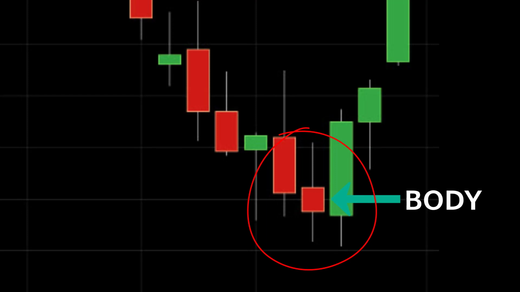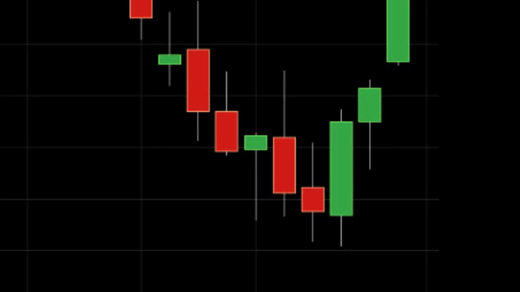The open and the close have ended up virtually on top of each other, meaning it started the day at X and finished at virtually X, so it really had no direction, whatever time period you're looking at. It moved down, it moved up, and it ended back in the middle, i.e. indecision. And that's what makes this an easy candlestick to use and spot. The doji is the same, it's just a smaller, tighter spinning top. Like I say, it makes them easy to use and spot.